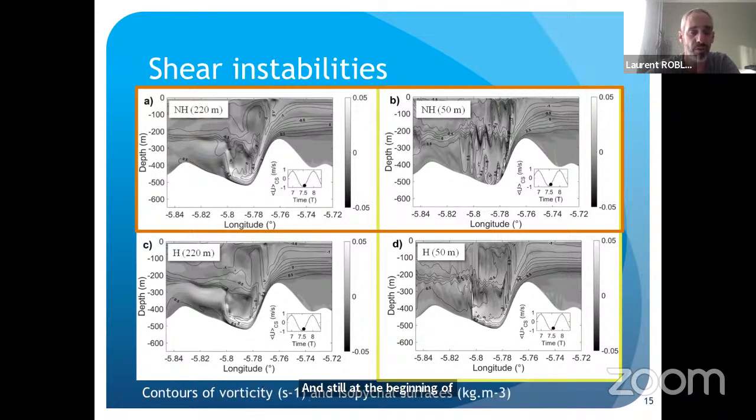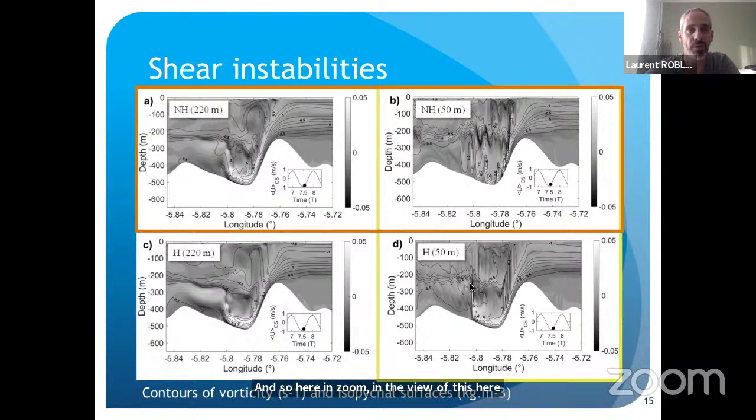If we break down this plot, the NH simulation at 200 meter resolution here does not feature shear instabilities. And you compare with this one, which is the same as previously, you can see here the instabilities developing in the lee of the sill.